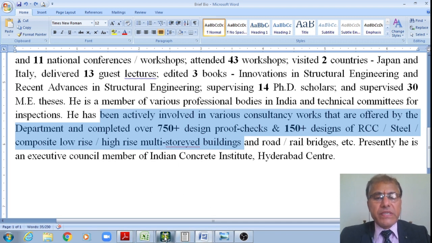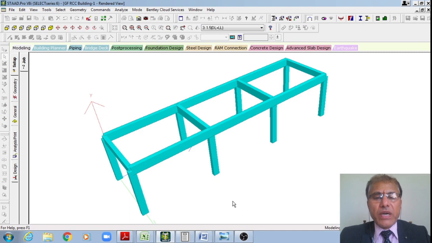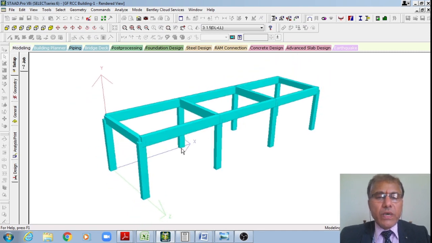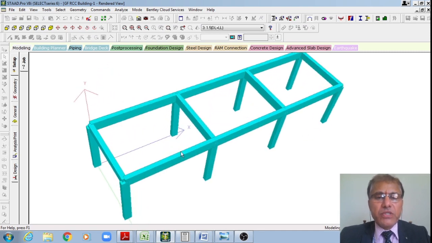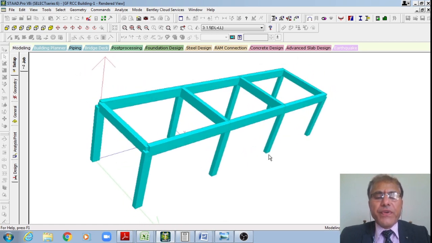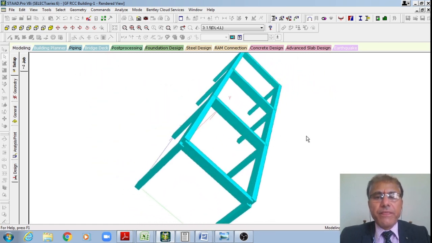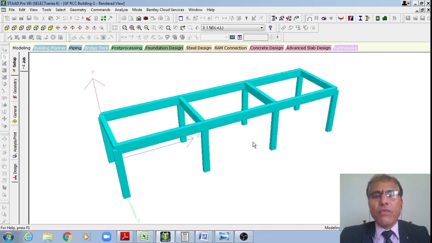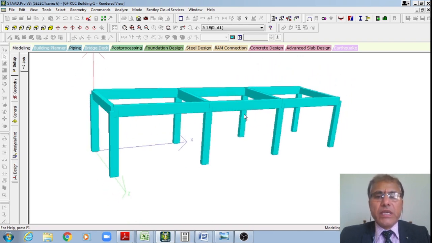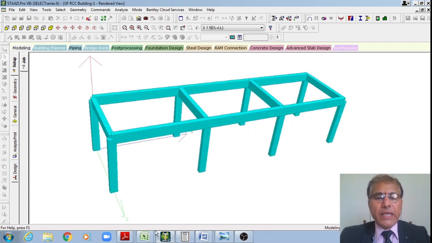Once we see the brief profile, students, now let us see what we will do: the analysis and design of a multi-storied building. Now I'm just showing the frame consisting of the beams and columns of this ground floor or single story 3-room building. Now let us examine the data, students.